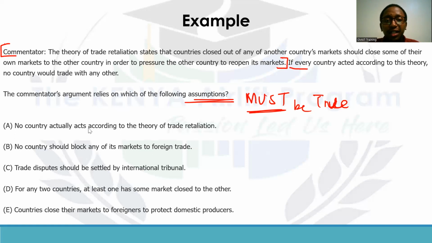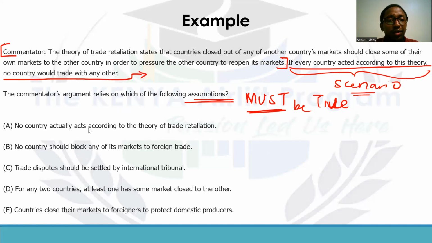If every country acted according to this theory, so we know that not all countries act according to this theory, but this question presents a special case where we are presented with a scenario. If this scenario was to happen, this would happen.